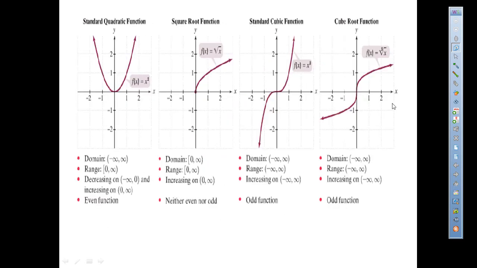All right, the other 4 that you need to worry about are the standard quadratic, a parabola, the square root function, the cubic function, or the x to the 3rd function, and the cube root function. Those you need to know as well. You need to be able to recognize and sketch those right off the bat.